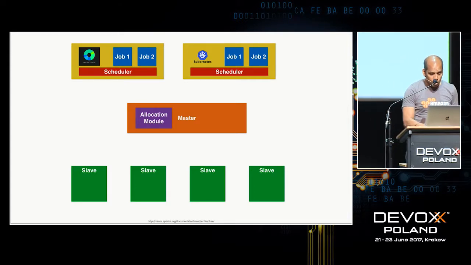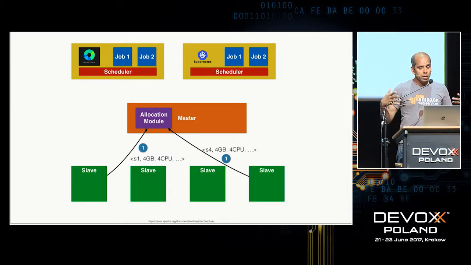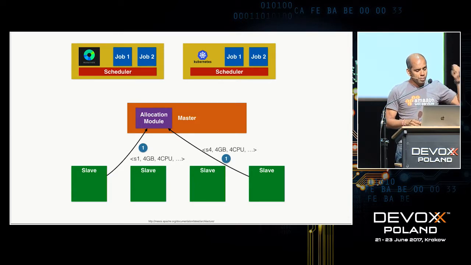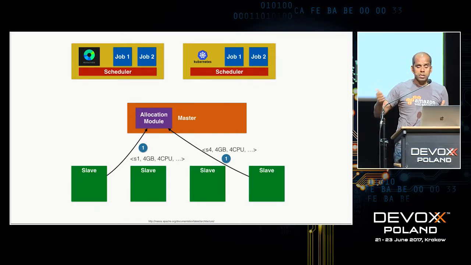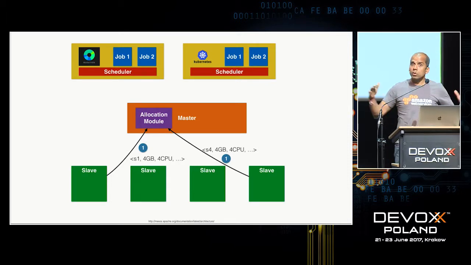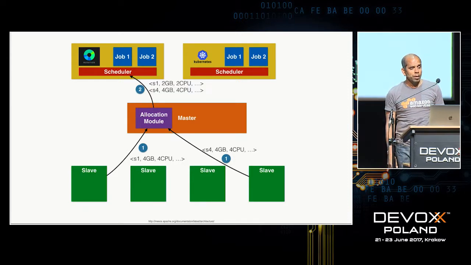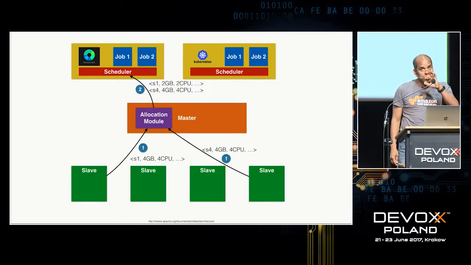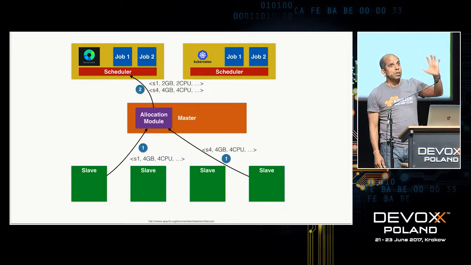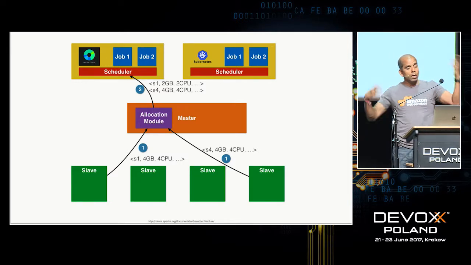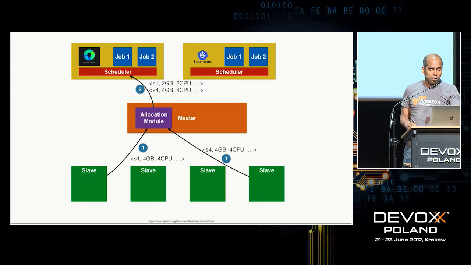Okay. So let's say the 2 slaves make an offer to the master that, okay, I've got 4 GPU, 4 GB, and 4 CPU, and similarly slave 2 says I have 4 GB and 4 CPU. So to the master, that's a consolidated set of resources that are available. The allocation module within the master will make a request to the framework that, okay, hey, I've got these 2 offers. Now notice it's not making the full offer as is.